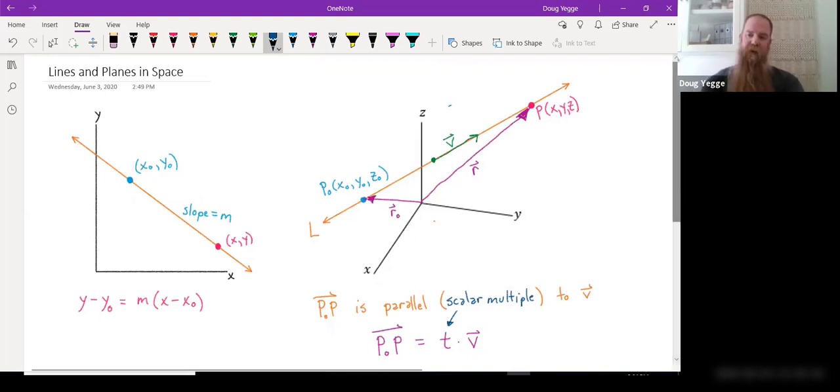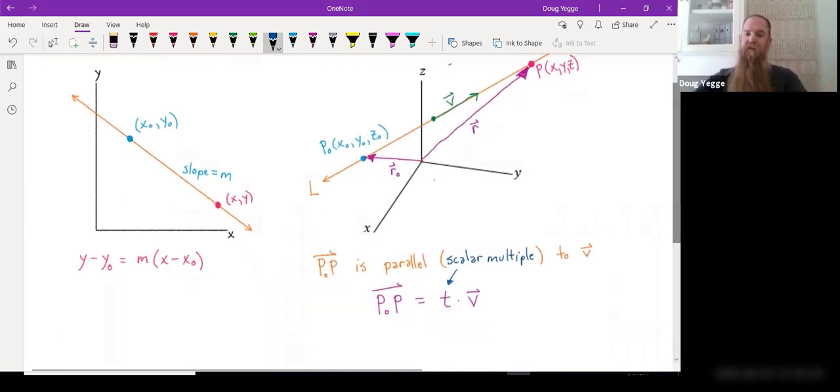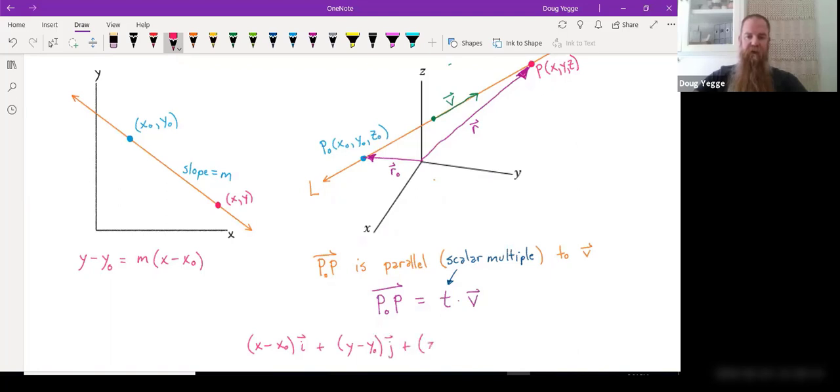Okay, well, we're getting somewhere, I suppose, now. Let's just say that we have vector v, and vector v is our standard v1, v2, v3. That means that we should be able to come up with an equation for this vector. And so we know that P0P is nothing more than x minus x0 in the i direction, plus y minus y0 in the j direction, plus z minus z0 in the k direction.